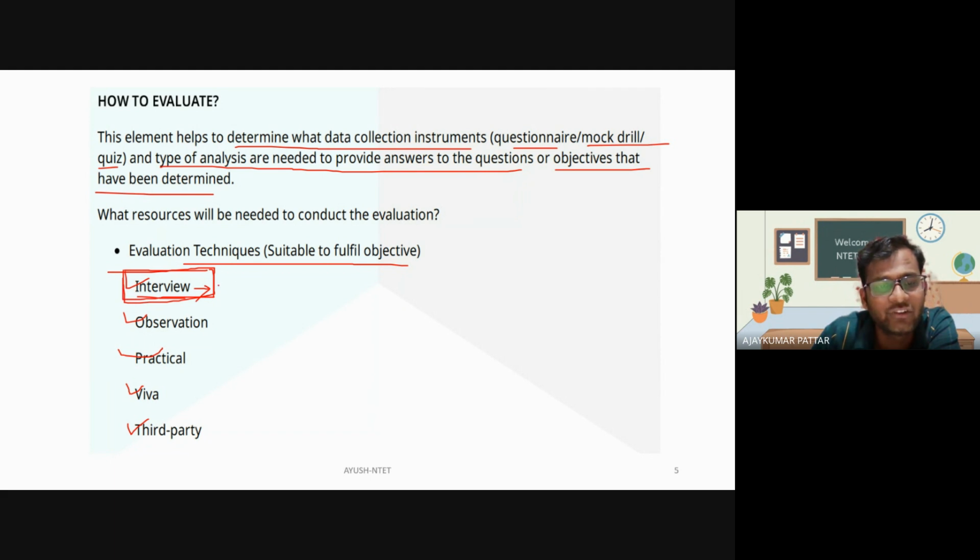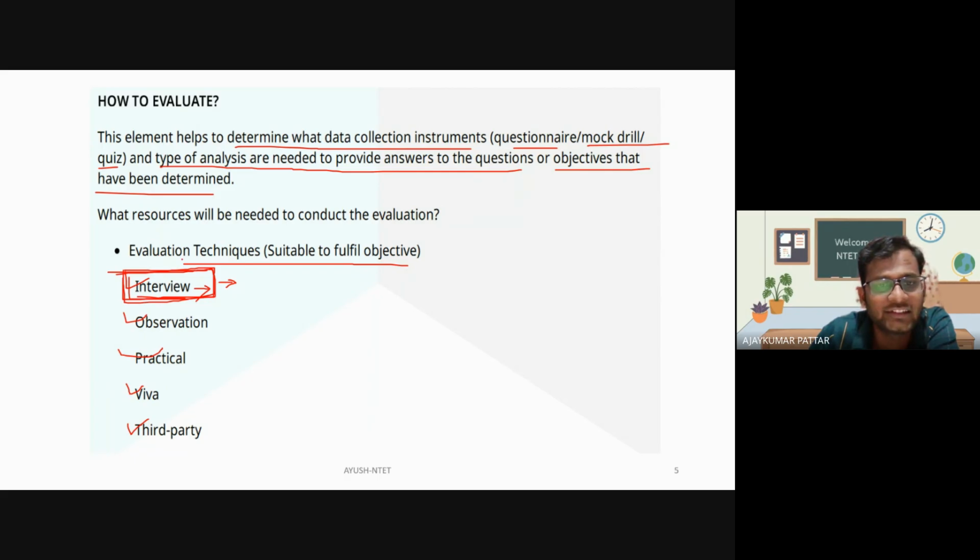For example, if a UPSC aspirant clears the UPSC entrance exam, he will be called for the interview. In the interview, he will be evaluated on whether he is fit for that UPSC post, that is IAS or IPS post, or not. The evaluation will be done on the interview. That is one type.